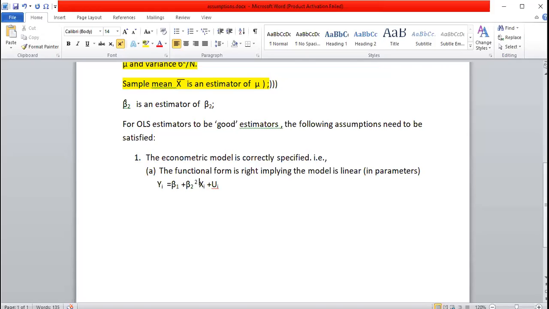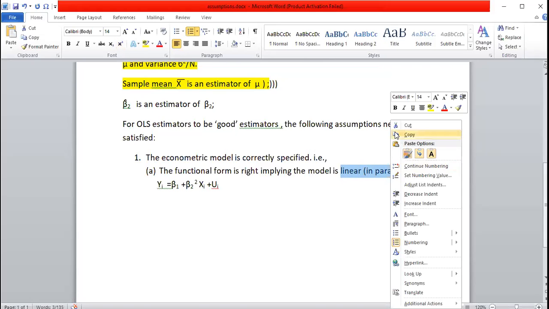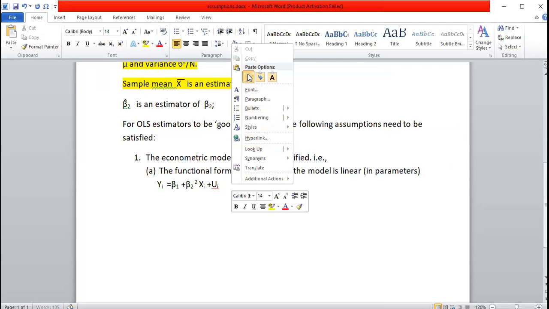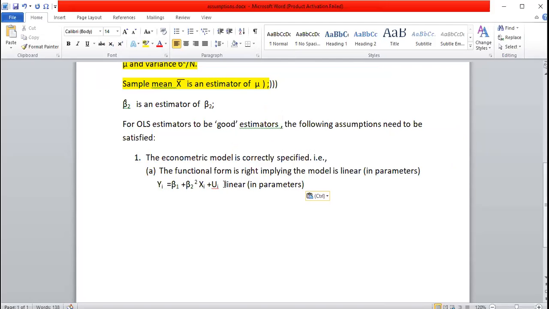OLS cannot handle this kind of model. So this is not linear in parameters. Let me write it here. Non-linear in parameters.